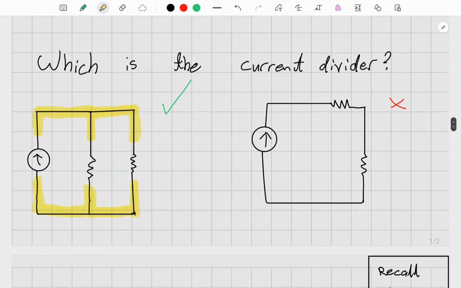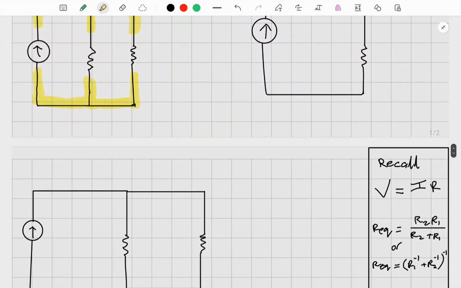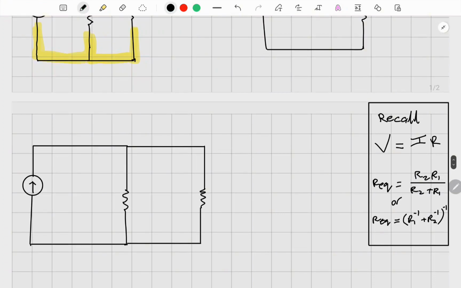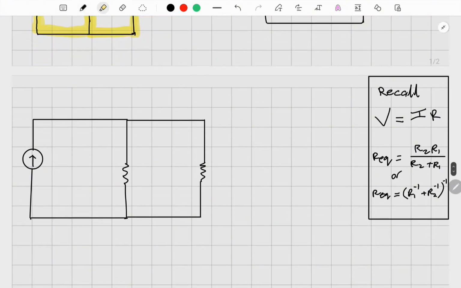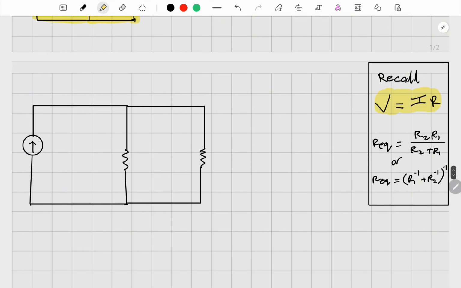And moving on, how can we derive this formula? Well, if you recall with Ohm's law, we have V is equal to IR. And when adding up two parallel resistors, you could either take the inverse like this with this formula or use this formula for parallel resistors. I'm going to assign resistors.